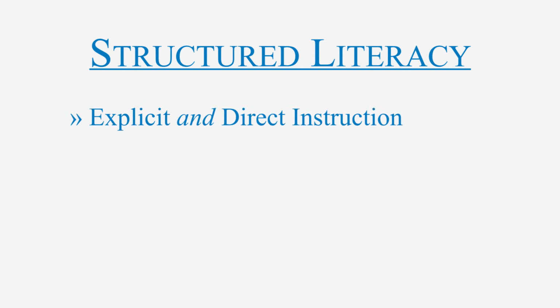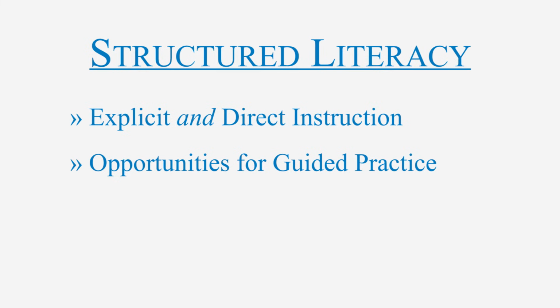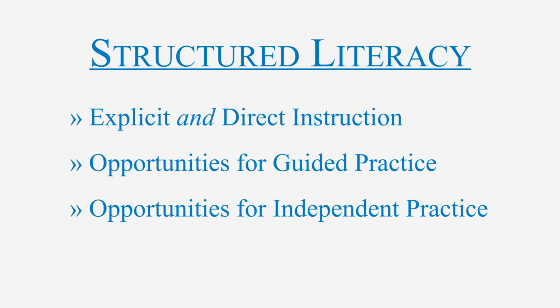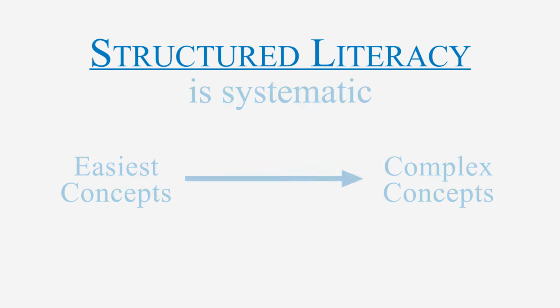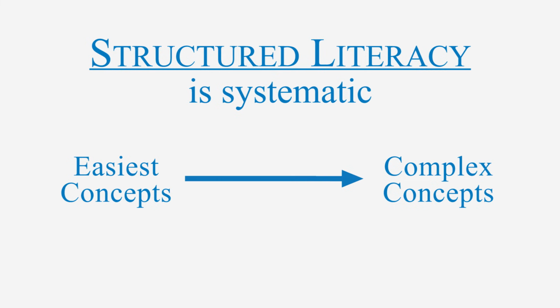Structured literacy requires a specific approach to instruction. A teacher must provide explicit and direct instruction. There must be opportunities for guided practice, and once a student is ready, students should have opportunities for independent practice. When adopting a structured literacy approach, instruction is systematic and follows a logical sequence.